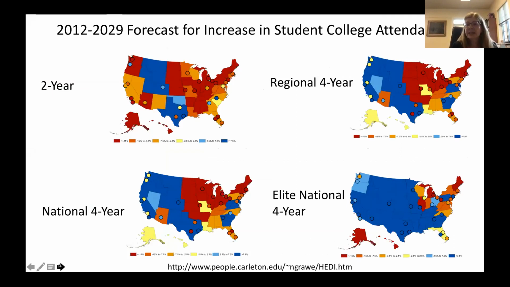So one of the interesting things that Nathan did in his study was he mapped different regions of the country and said between 2012 and 2029, what's going to happen in terms of the size of the population of students going to college of different kinds.